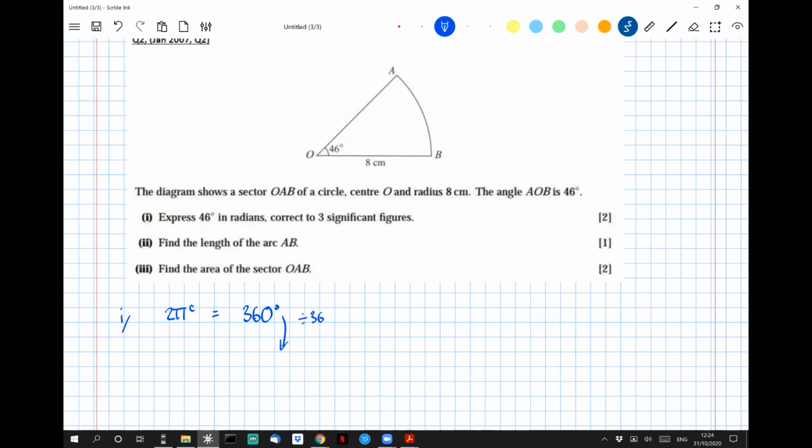So divide by 360 times by 46 to get 46 degrees.